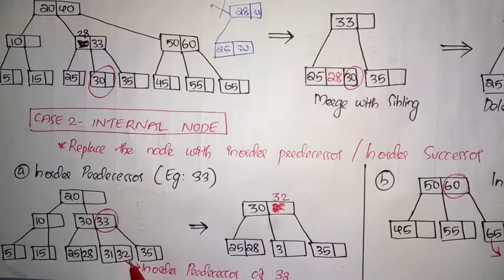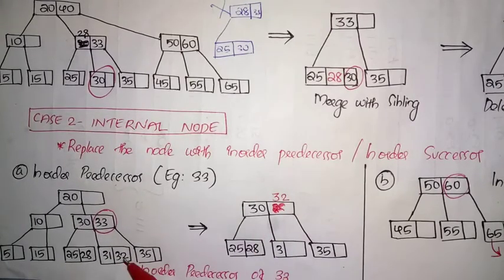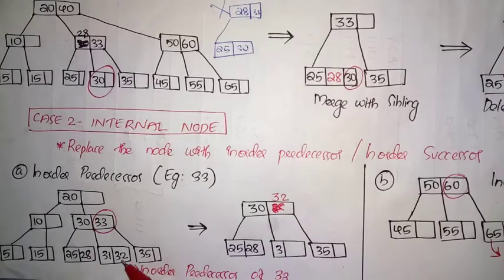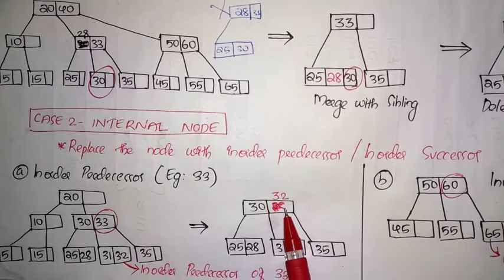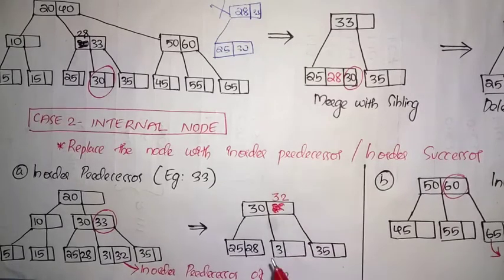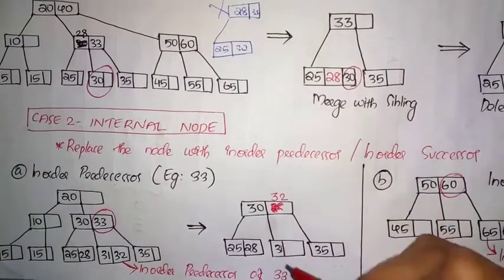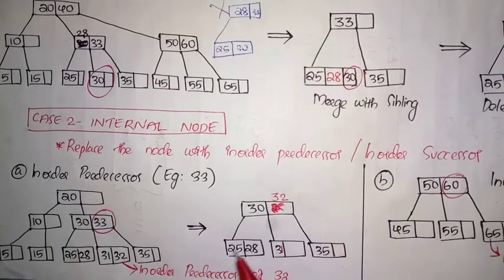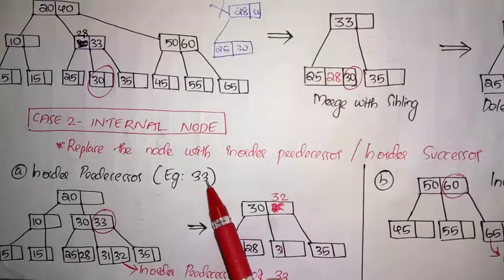So that is 32. I have directly placed this 32 in the place of 33 and I deleted this 33. Since I have placed this 32 in place of 33, we have to delete this 33 here also. So this is the output tree after deleting this node 33.